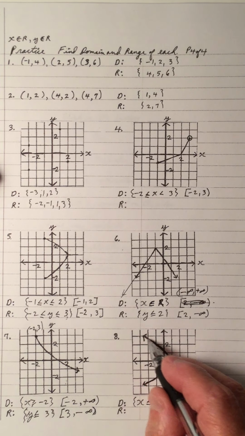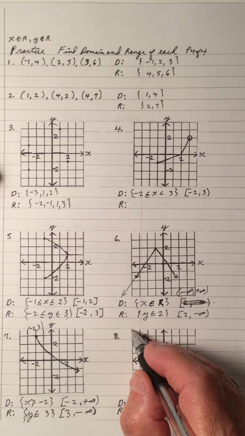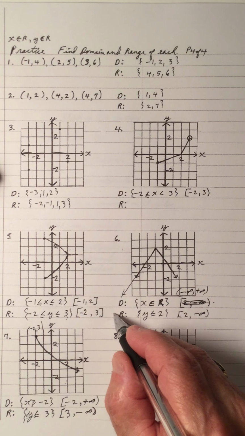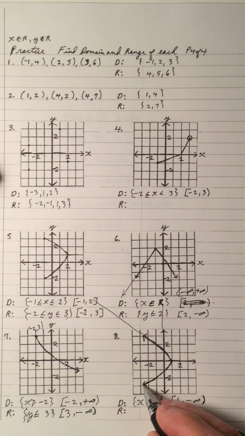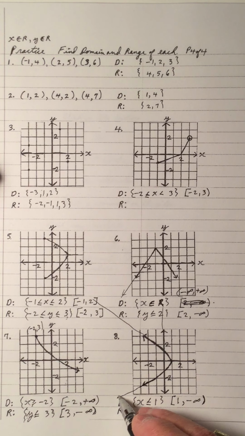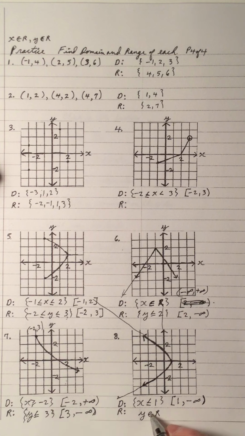And what y's are in this graph? Well, as you leave here, the y's are going up and up and up. It keeps going up, and as you keep going like this, they keep going down. So the y's are the reals, all the y values.